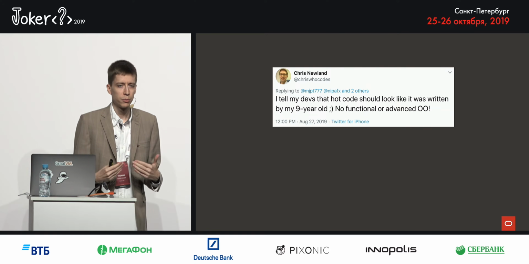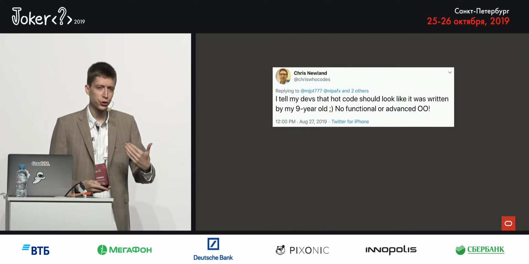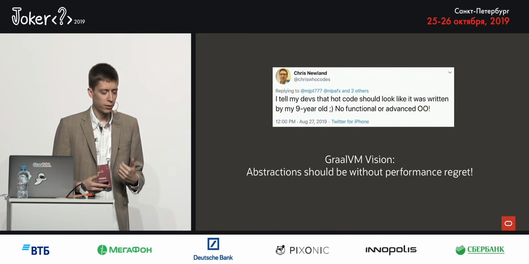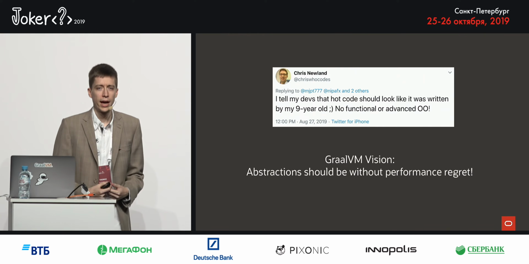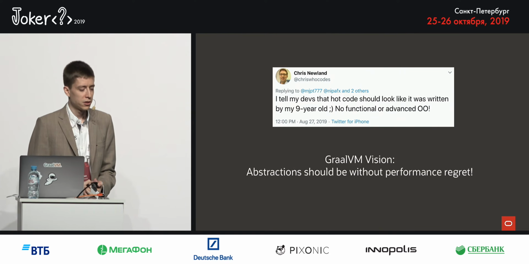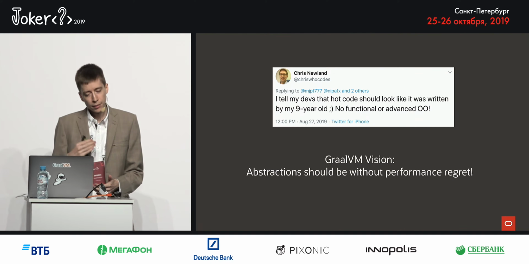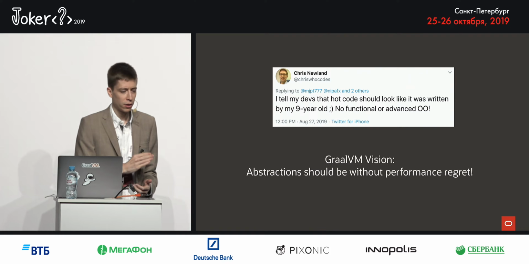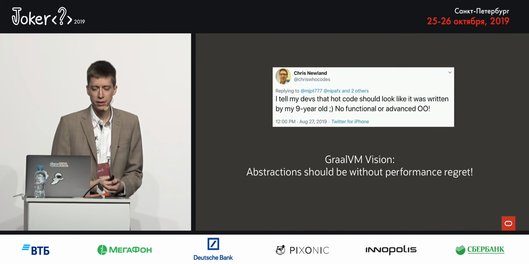But in the GraalVM project, we want to make this statement less relevant in the future, because our vision is that you can use these high-level abstractions and these advanced features, but don't have any performance regret. And GraalVM as a compiler is already farther ahead than other compilers in this field. I will show an example of that right now in the demo.